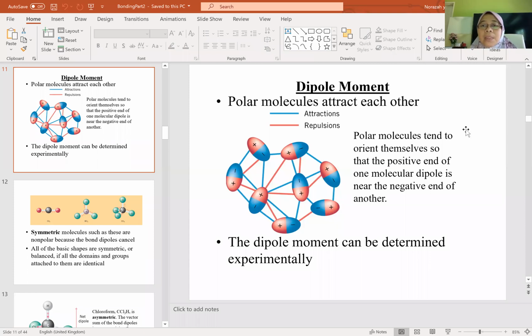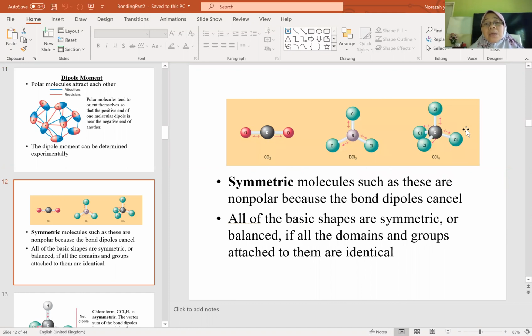In bonding part 1, remember that we talked about dipole moment. When the dipole moment is not 0, it means that you have polar molecules. The higher the dipole moment value, the more polar the molecule is. So in order to identify the polarity of the molecule or compound, we can use the molecular structure, based on the symmetry of the molecule.